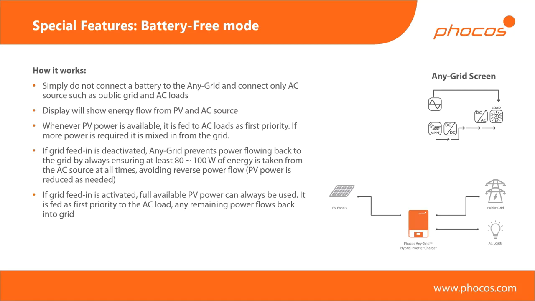So in this case, we are working in parallel to the grid, where still, if you don't have grid injection activated, we are still ensuring that you're feeding in zero into the grid. And we're doing that by always taking a small current from the grid to avoid any reverse feed-in. So that's the second last point here, is that we're always ensuring that we take about 80 to 100 watts of power from the grid to make sure that there's no reversal of power to inject into the grid inadvertently.